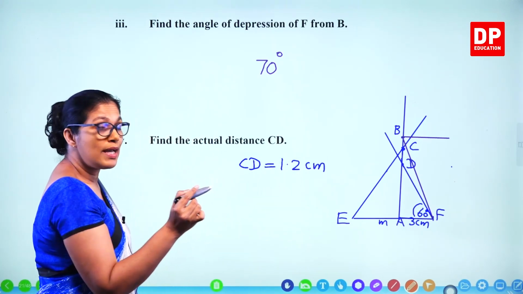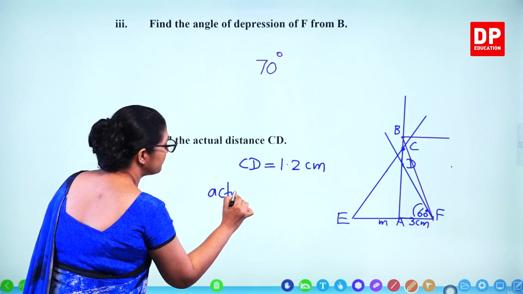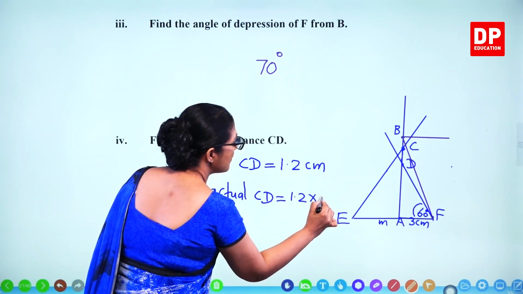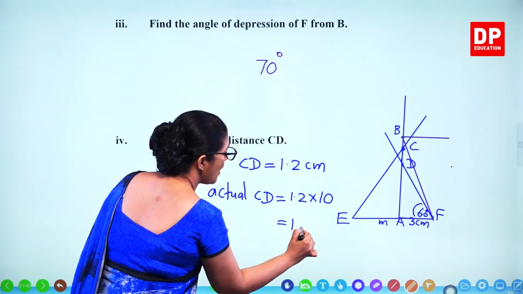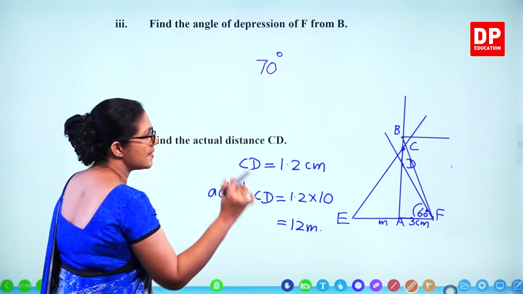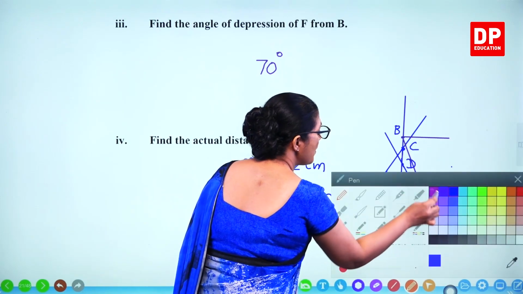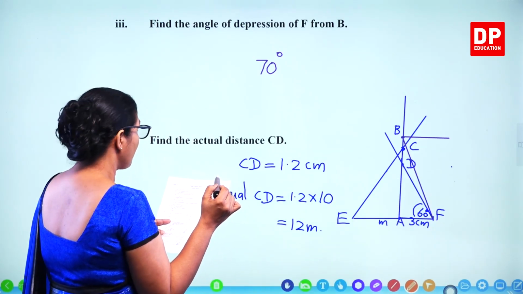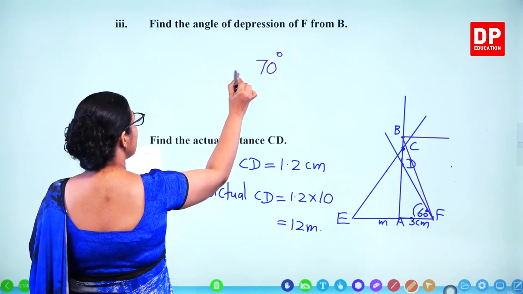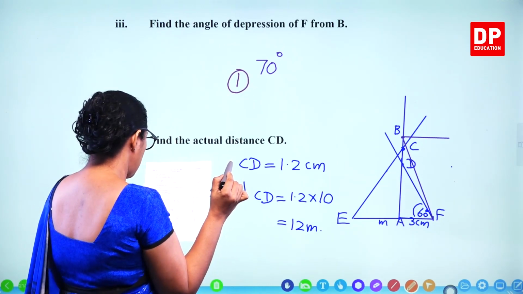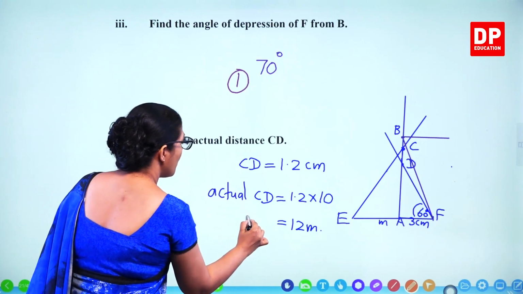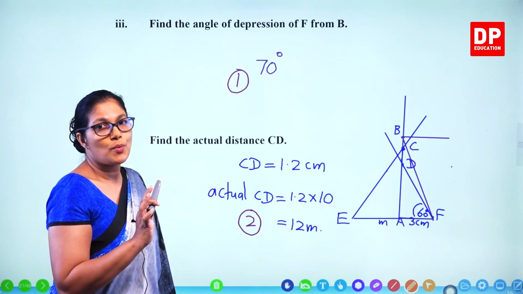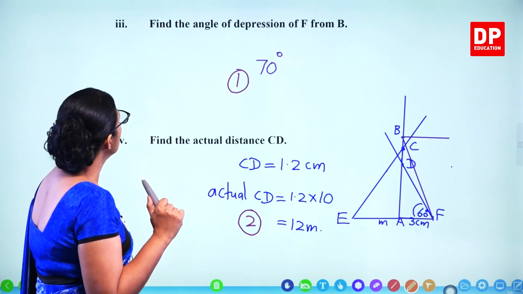Then what's the actual length? Actual CD equals multiplied by 10. That's 12 meters is the CD length. So how many marks for that? You are getting 1 mark for the angle and 2 marks for this one. So we gave altogether 10 marks for this question. So let's do the next one.